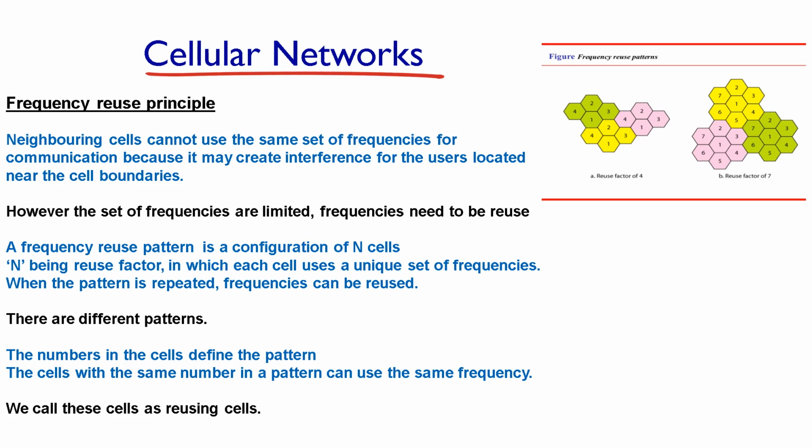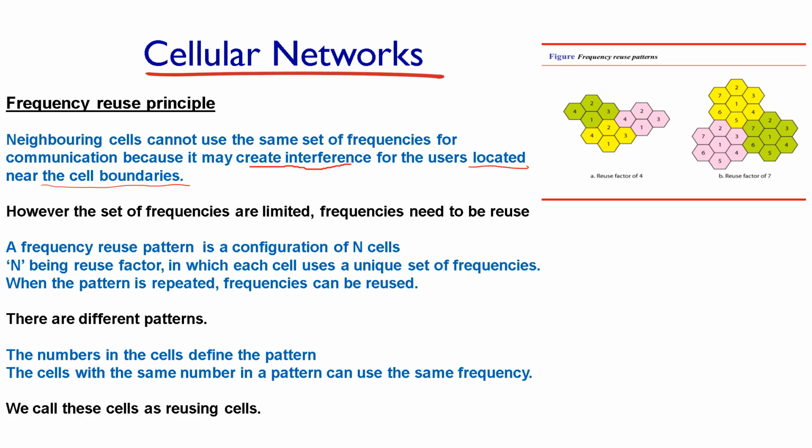The antenna of each cell is assigned different frequency values, and neighboring cells cannot use the same frequencies because it may create interference for the users located near the cell boundaries.